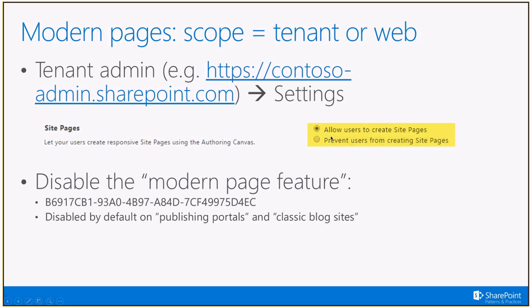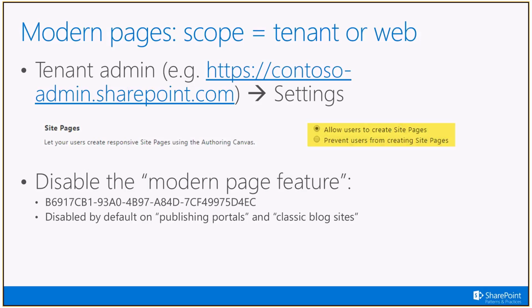I find it really confusing. It is. If you want to allow modern pages, you have to choose allow users to create site pages. If you only want to allow classic pages, you have to choose prevent users from creating site pages. So essentially, you have to read site pages as modern pages in this UI, and that's confusing. So we should fix that actually.